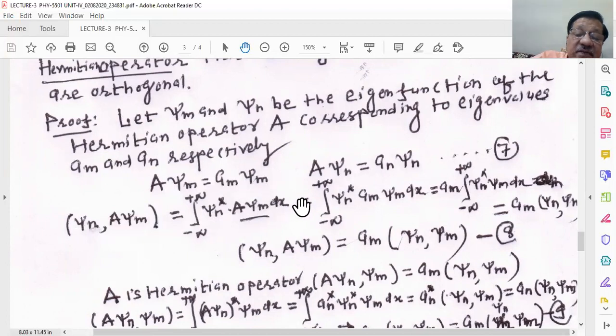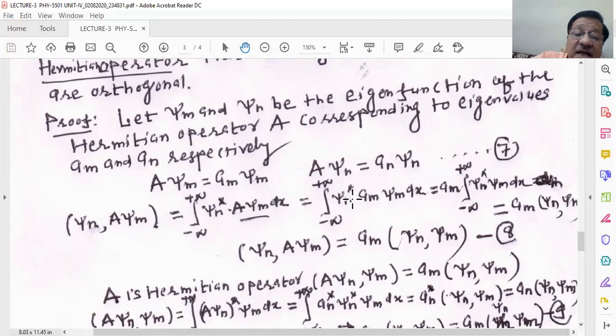Look at this equation. The psi n star remains as it is, and A psi m is replaced by Am psi m, so I write the integral of psi n star Am psi m dx. Am is a number, so you can take it outside. Inside, the integrand is now psi n star psi m.